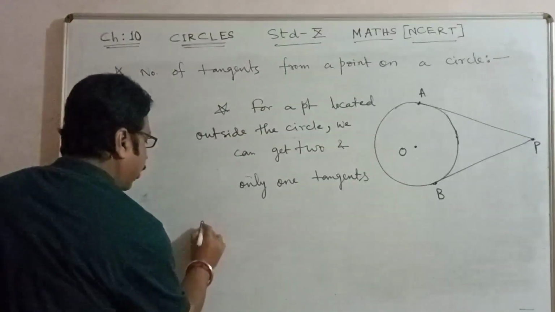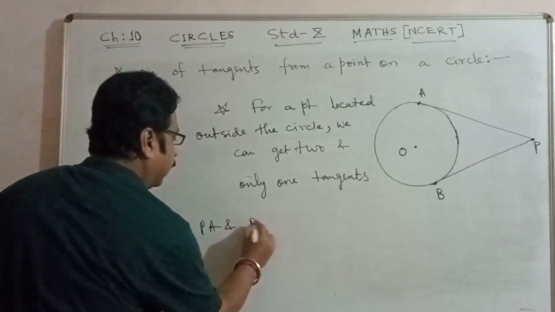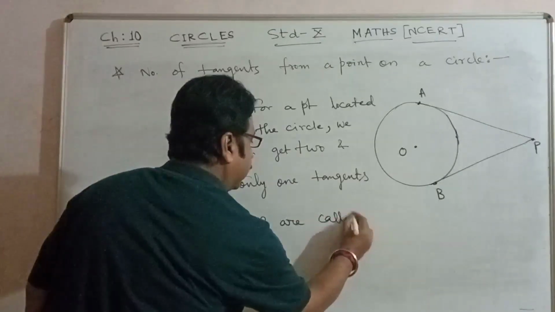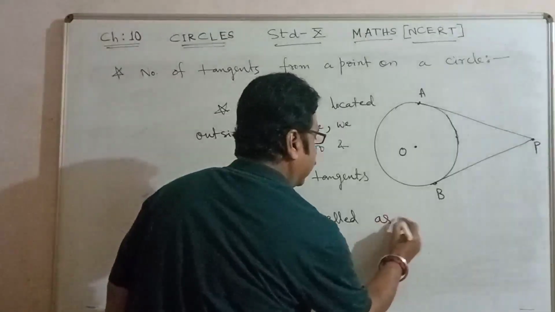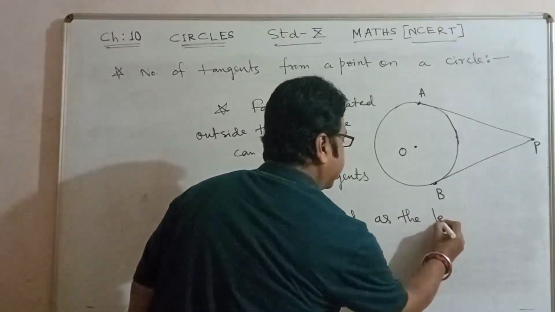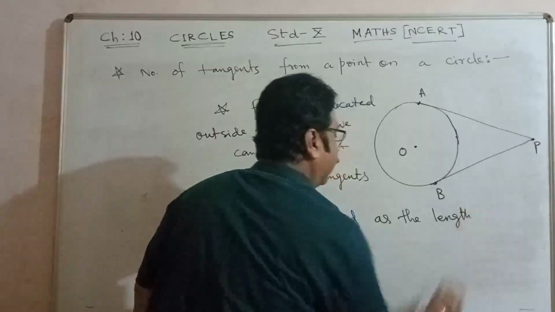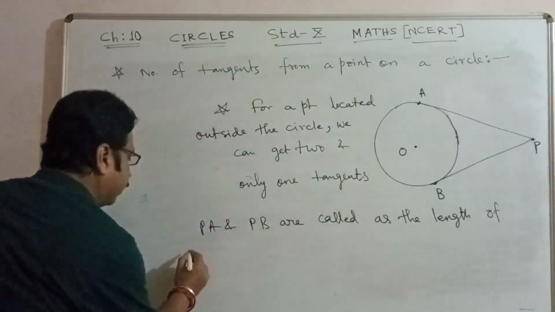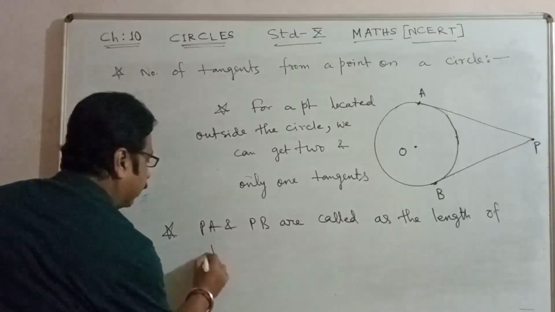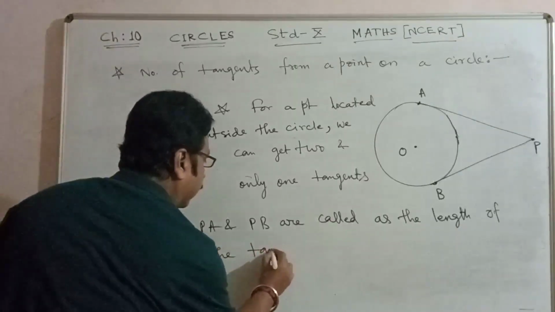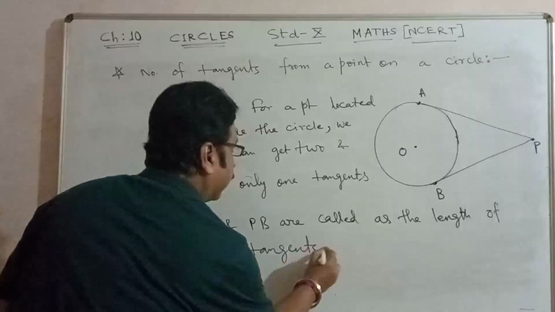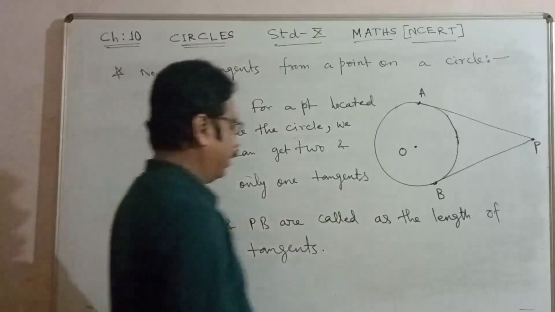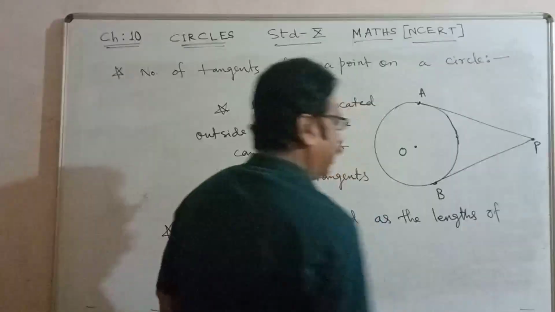PA and PB are called as the lengths of the tangents.